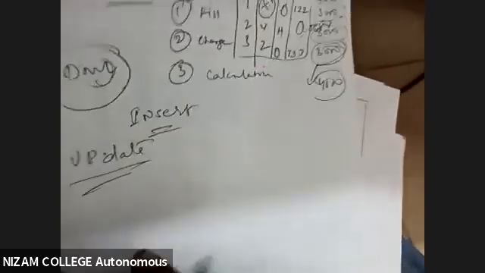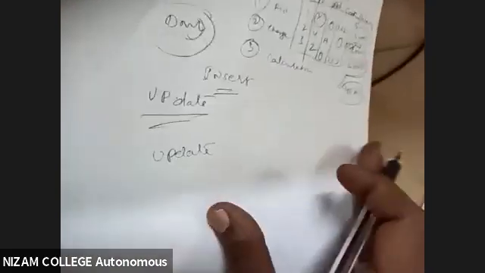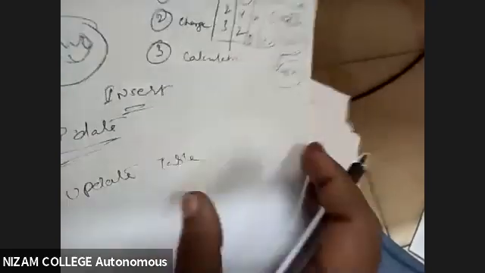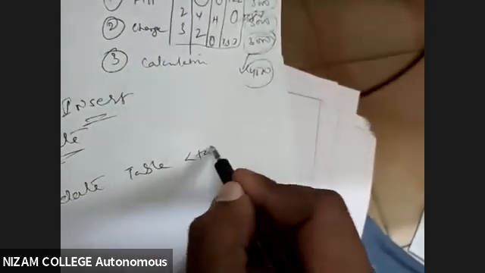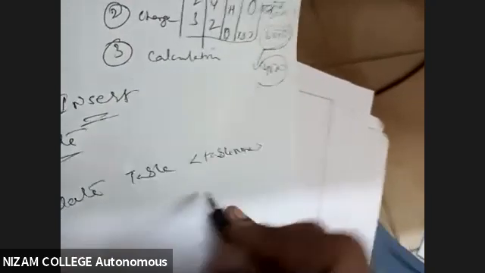So what is the syntax for this? The name itself says update. So I'll have the keyword update, followed by the table name. Update table name, set. Now here I have to use the keyword called set. For every syntax you keep finding new keywords.